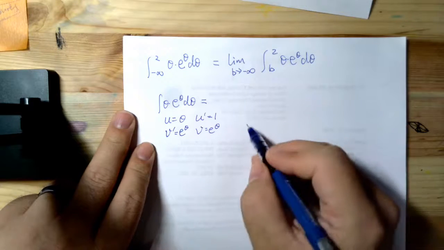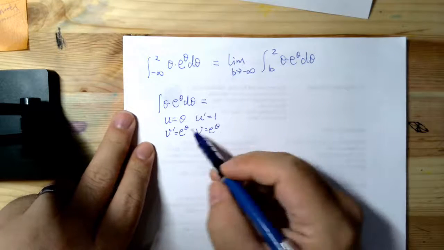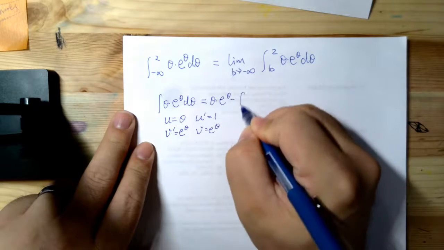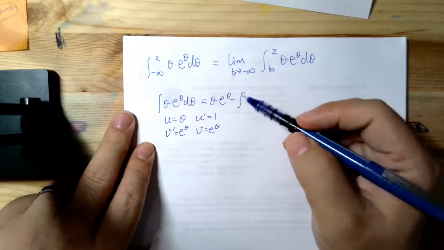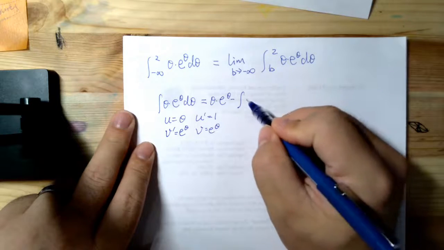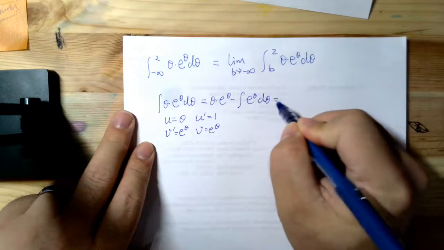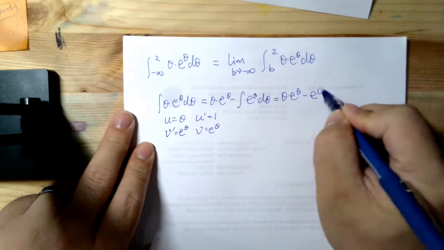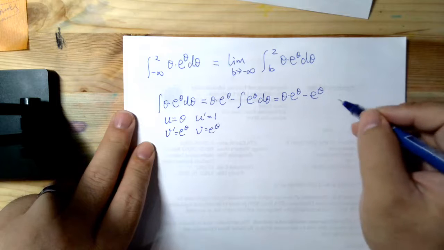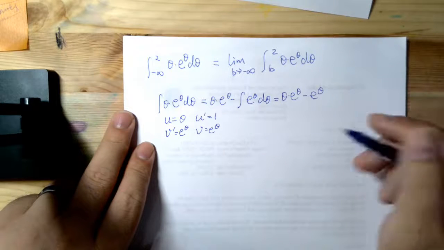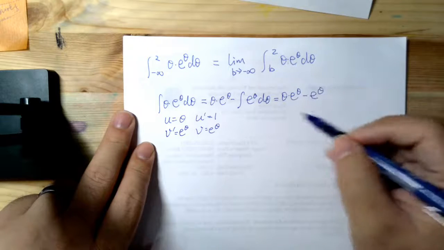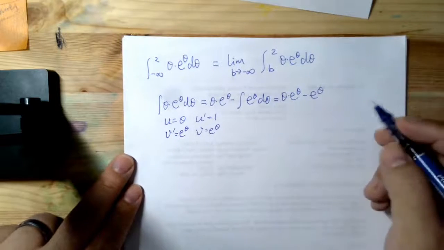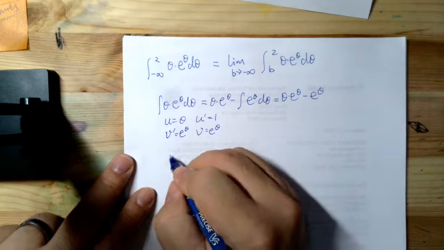Remember the integration by parts is uv minus the integral of u prime v, so it's theta times e^theta minus the integral of e^theta d theta. Turns out this is theta times e^theta minus e^theta. Of course, we should add a C, but this is just a part of this work, so I omit that C.